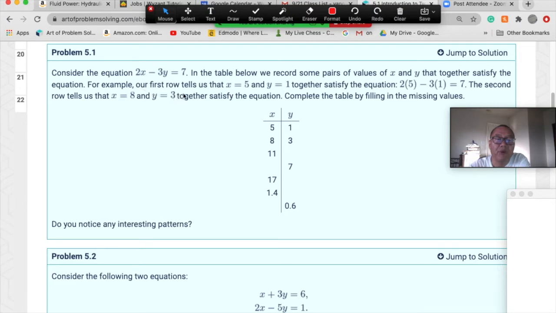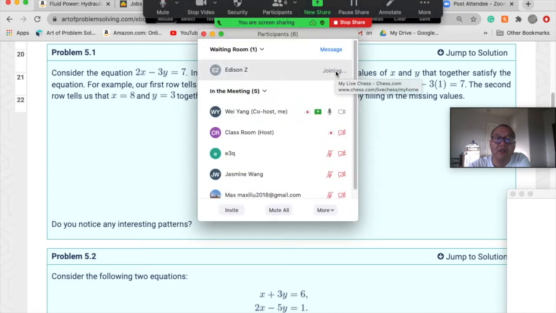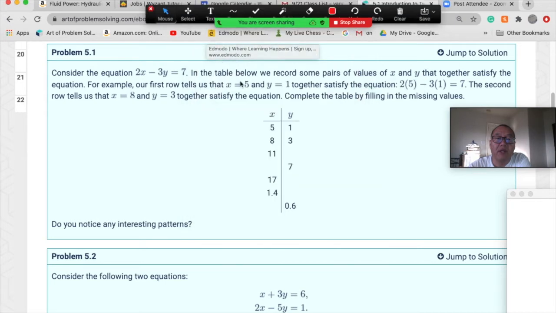For example, our first row tells us that x equals 5 and y equals 1 together satisfy the equation we have. If x equals 5, you plug in x equals 5, you get 2 times 5, y equals 1, so minus 3 times 1. So you get 10 minus 3 equals 7.